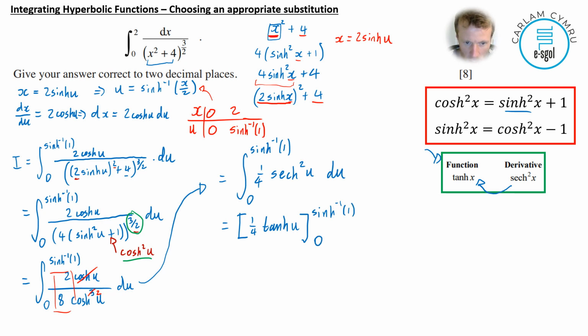If you put these values in, you get 0.177 to 3 significant figures. Actually, it does say it wants it to 2 decimal places. I guess I've given that. So that's a little bit harder, having to choose your own substitution, but they are saying that they would like you to be able to do that.